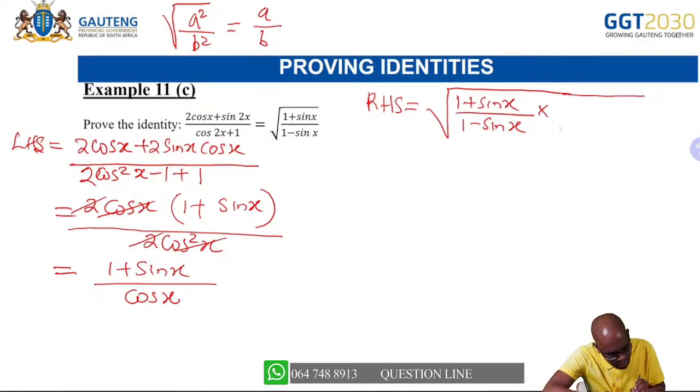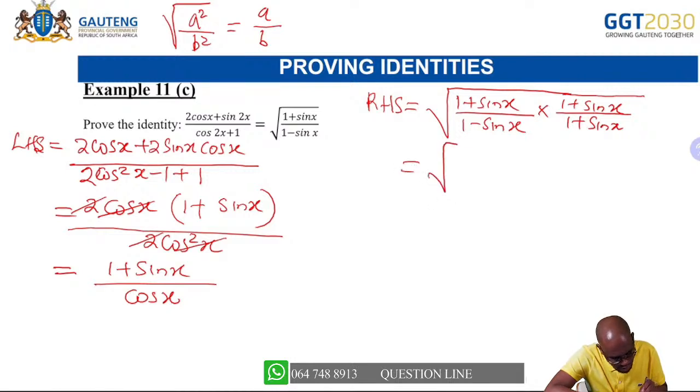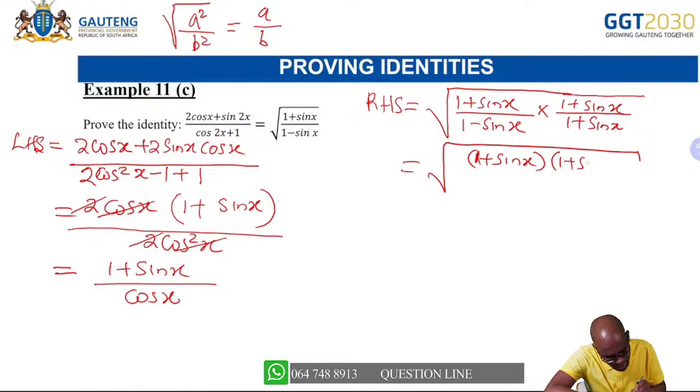In this case, let me use the conjugate 1 plus sine x over 1 plus sine x, like that. So in the numerator, we are fortunate. We get 1 plus sine x into 1 plus sine x. In the denominator, we get 1 minus sine x times 1 plus sine x.